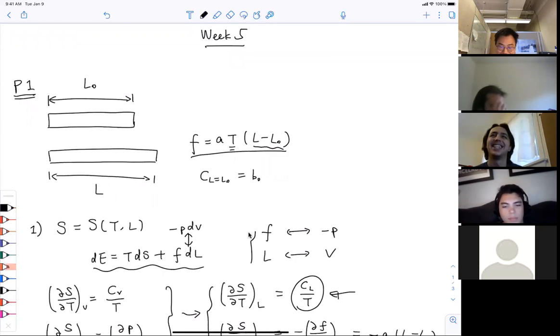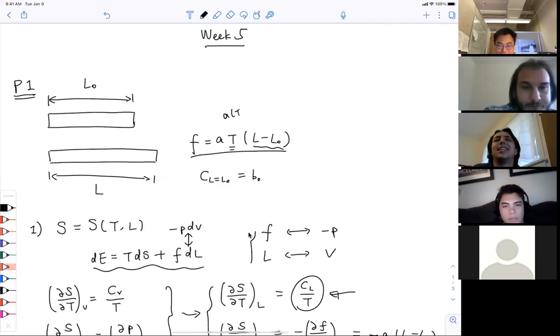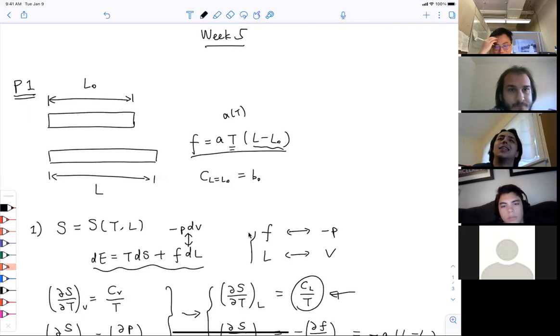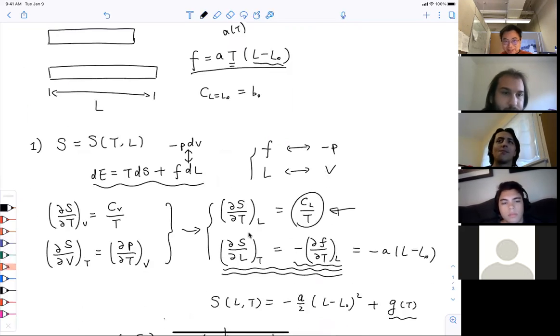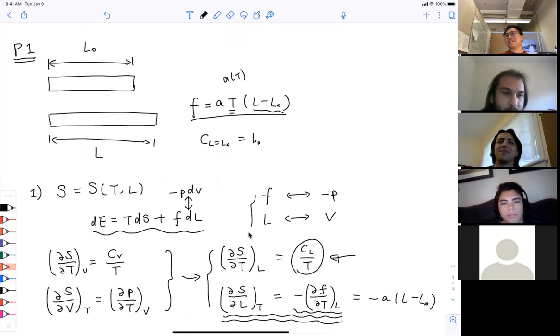Or you can think of it in general as a function of T, and you do a tiny expansion for some material, where the lowest order is a linear term, something like that. Anyway, it's just given.